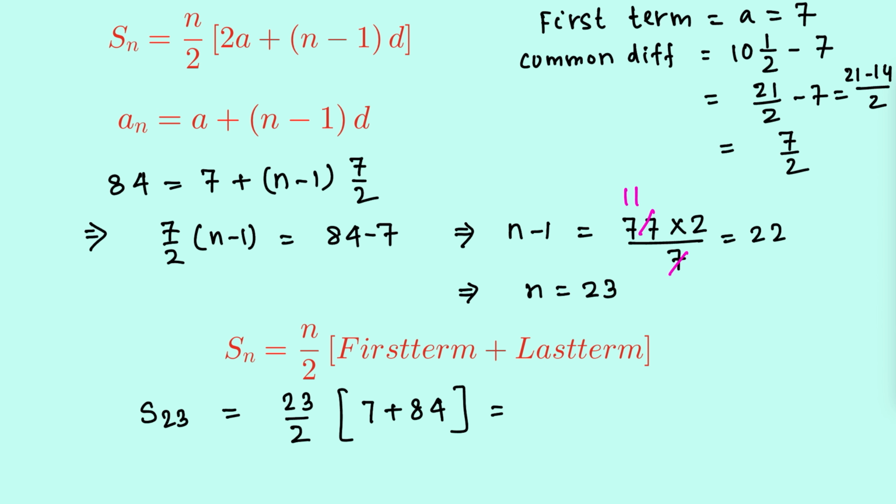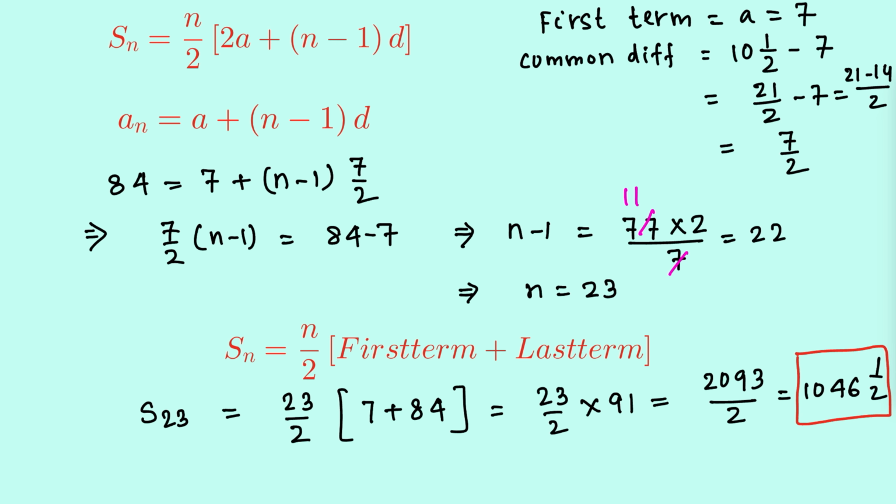We get 23 by 2 into 91, which is equal to 2093 by 2, or that is equal to 1046 by 2. This one will be the answer.